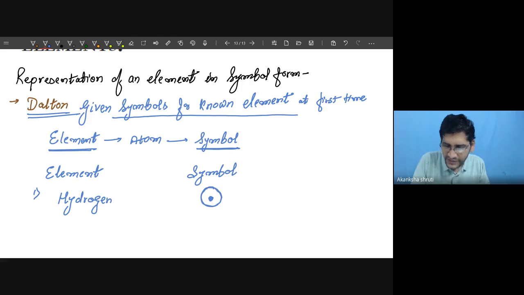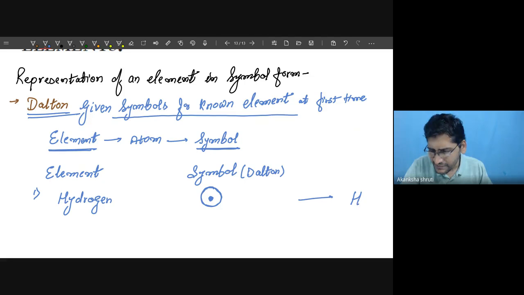So this was the representation of hydrogen, the symbol given by Dalton according to Dalton's atomic theory. But nowadays we are not using this, we are using something different. Nowadays we denote hydrogen by H only. So this is the modern representation.